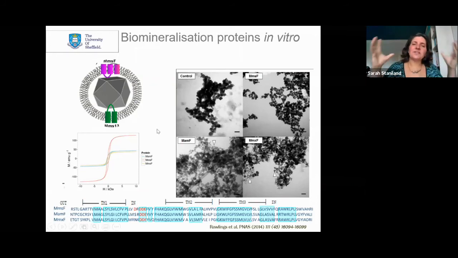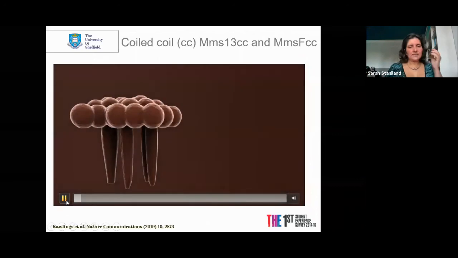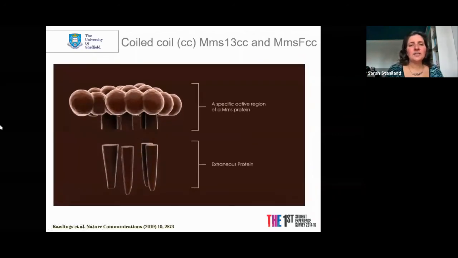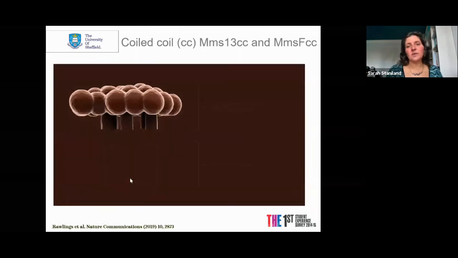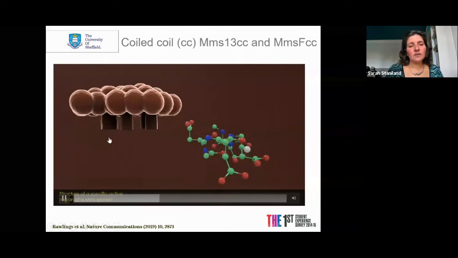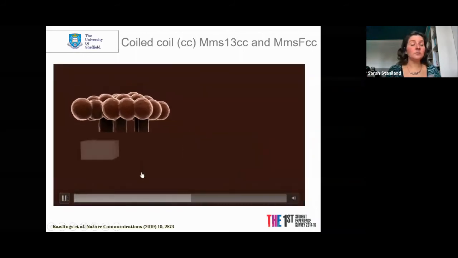When I was talking about this sort of dream of making something much greener, a much more scalable process, using membrane proteins is not, I guess, the way forward there. So what we can do is, because we've understood a lot more about how these proteins work, we can take the specific active region that we know more about, which is this top bit, and the bit that's embedded in the membrane, the stalk, which is the problem.